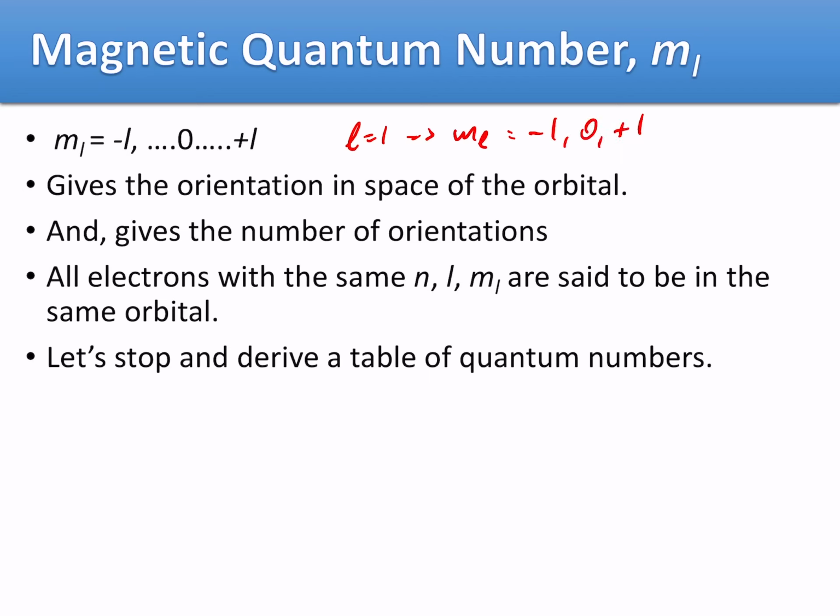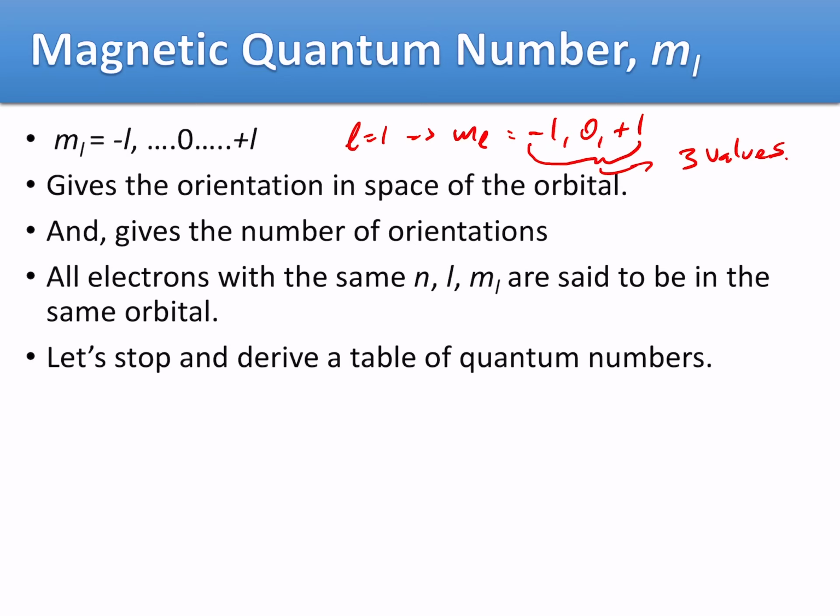That is 3 different values for ml, which is the orientation of the orbital. If you count how many different values of ml you have, in this case a total of 3, that means 3 different orientations of the orbital with L equal 1.